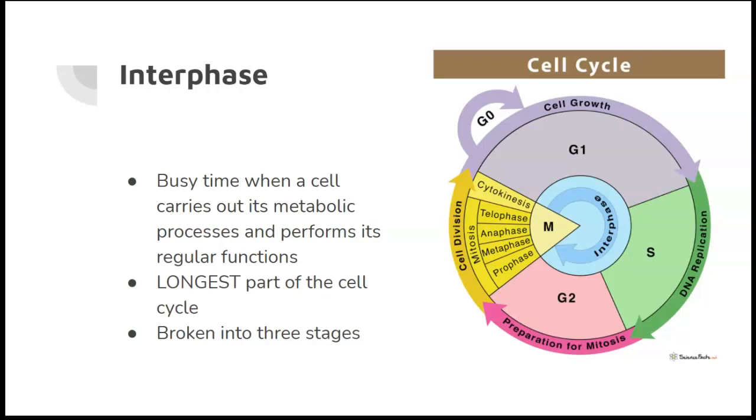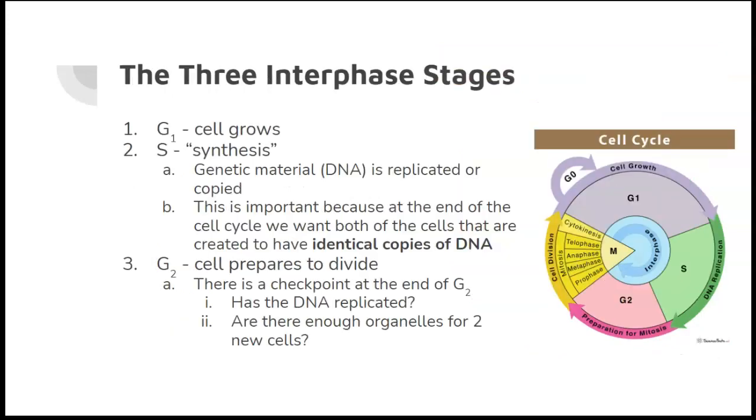Now, interphase itself is broken into 3 stages, so let's talk about those. We have G1, this purpley color, and that's cell growth. It's exactly what it sounds like. The cell gets bigger. It can't get too big or else it's not very efficient, but it can grow a little bit. In the next phase, we have the S phase, and that stands for synthesis, which means putting together.